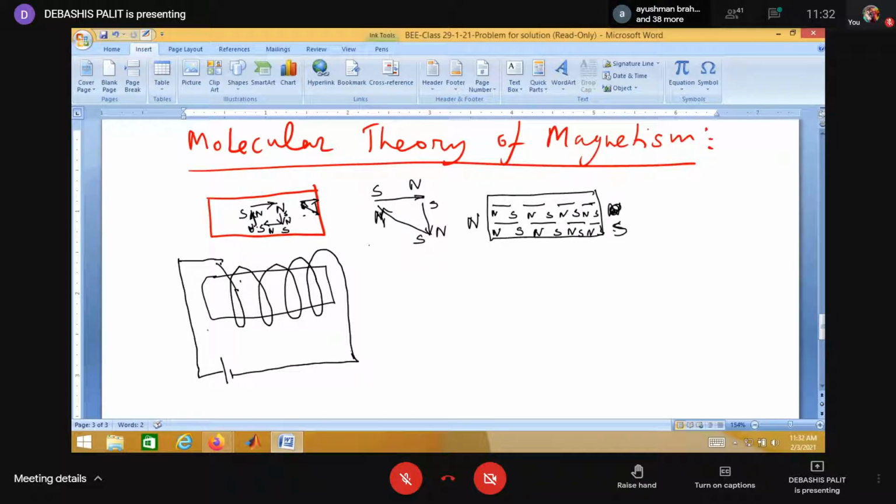So when current is flowing in this circuit, this is your solenoid formation. If you see the circuit like this, you will get the direction of current passing through them.